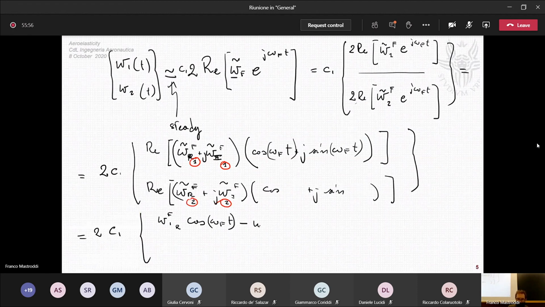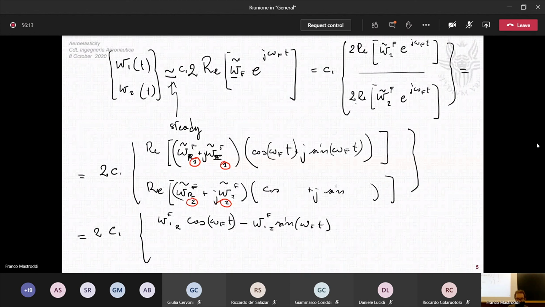So we have W flutter 1 imaginary by sine of omega flutter t. And this is the first component of this vector.